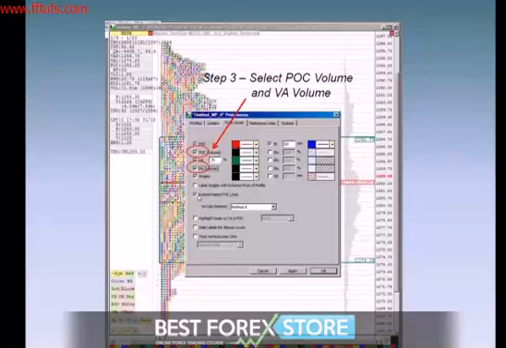I would suggest that you would also click and check this button. But the two important ones that I'm really after this morning are the POC volume and the value area volume. We haven't talked much about these numbers in the past. I've mentioned them. Now we're going to talk a little bit about why they are so important.